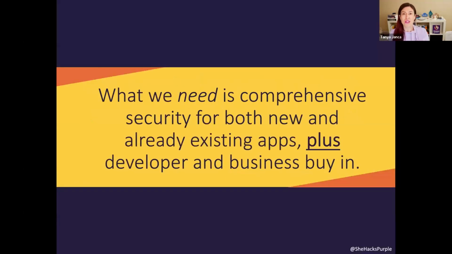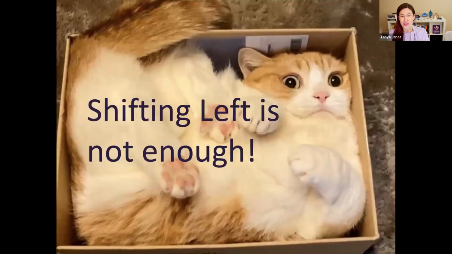And so what I feel we need is comprehensive security that covers while you're building the app and after it gets out into production. And we need to also make sure that the developers and the rest of the business are actually on board with us, because we can't actually get anywhere without them. And so if you learn just one thing from this talk, it's that shifting left is not enough.